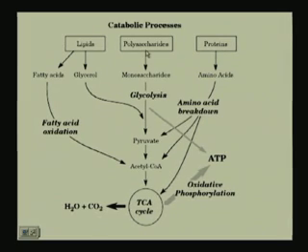Now, what we are interested in is the breakdown of the monosaccharides, particularly the process of glycolysis that takes glucose and breaks it down into pyruvate, and later on we will see how this pyruvate then gets on into the tricarboxylic acid cycle or the Krebs cycle to finally get to water and carbon dioxide.